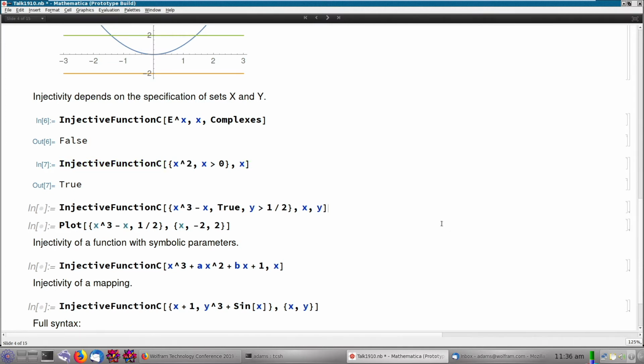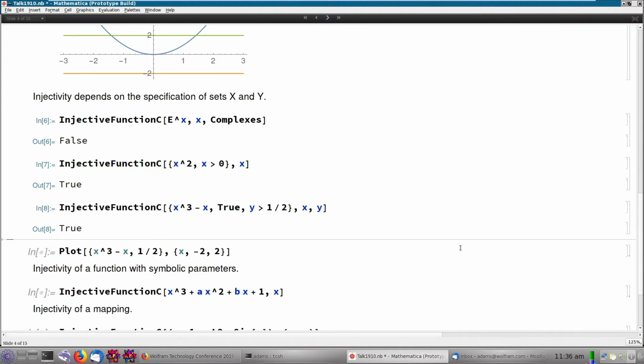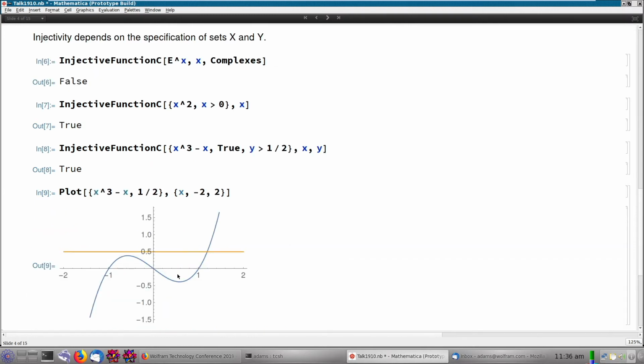And we can also restrict the codomain, the set Y. So we are looking at injectivity of the function x cubed minus x, but only for the set on which the values are greater than 1/2. So we change the set Y here, and the values are above this line, and then the function is injective. Over the whole reals, it's not.